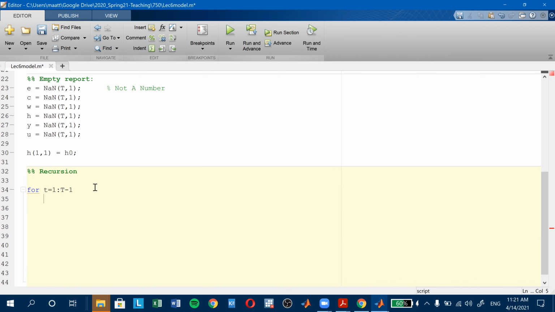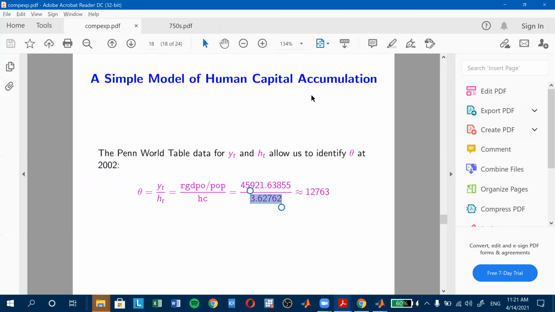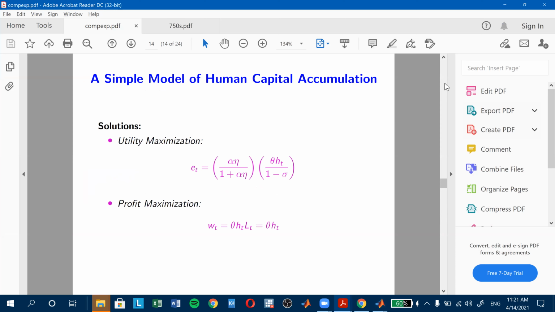So now I'm going to solve the model. I know that ET is equal to what? Let's go back to the solution for ET.